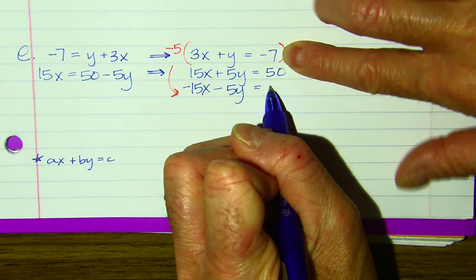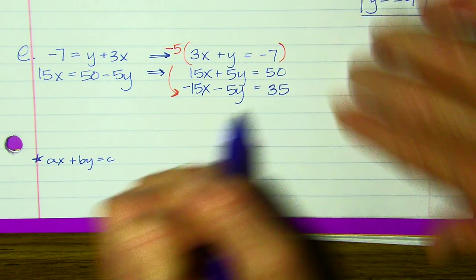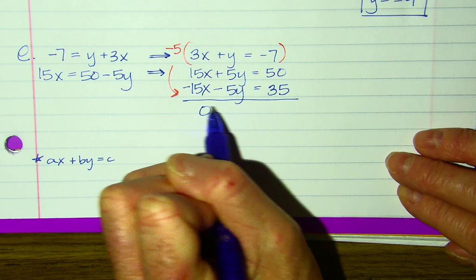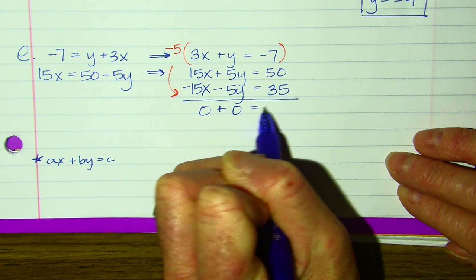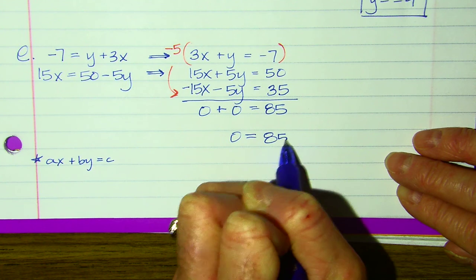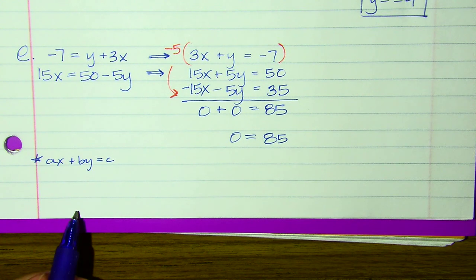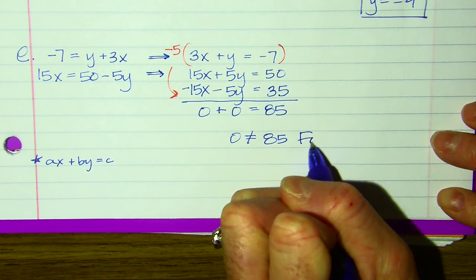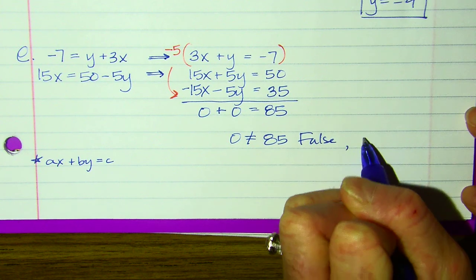Negative 5 times negative 7 is positive 35. So notice these both eliminate. This is 0 plus 0 equals 85. So notice none of my variables are left, and so I'm left with this statement. Is this true or false? This is false. So there is no solution.